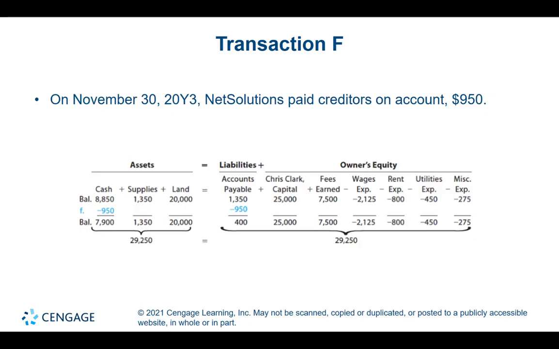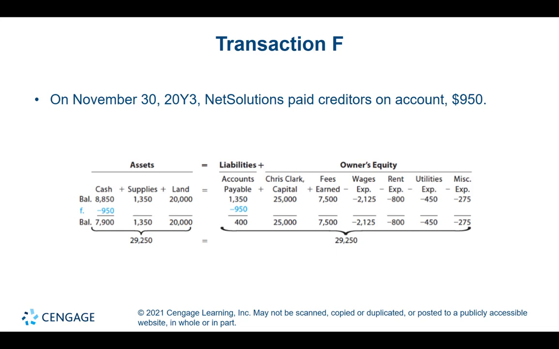Transaction F. NetSolutions paid creditors on account $950. NetSolutions had purchased supplies on account before. Therefore, that's why now NetSolutions is paying that creditor on account $950.